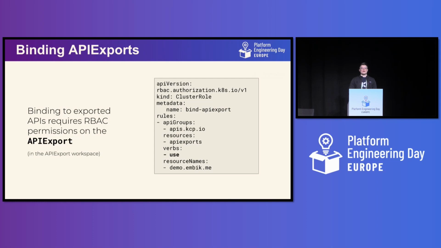And to limit that, KCP adds additional layers of RBAC. So you're hopefully all managing your Kubernetes permissions with RBAC already, but essentially there are a couple of special verbs that you can add that will allow you to limit who can register to your API. So, for example, someone might need to sign a EULA or usage guidelines before they are allowed to consume an API. And this would be something that you can manage with these RBAC permissions.